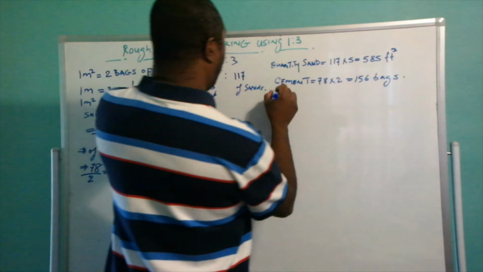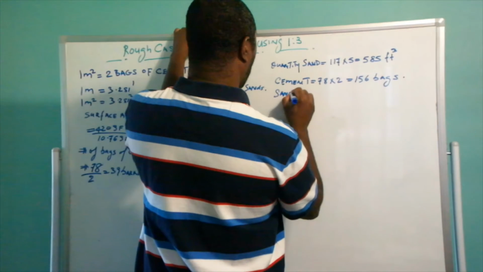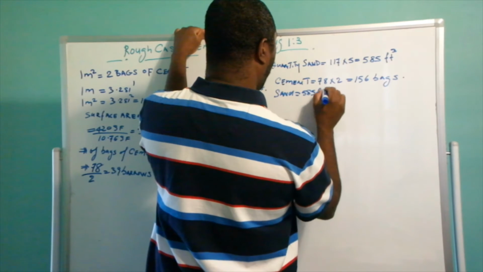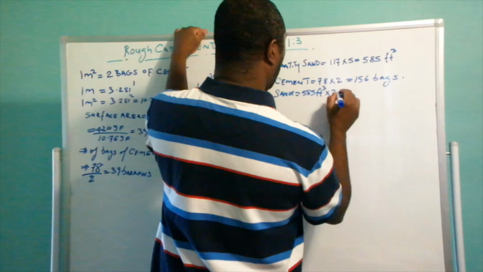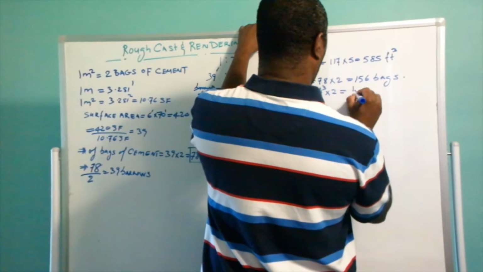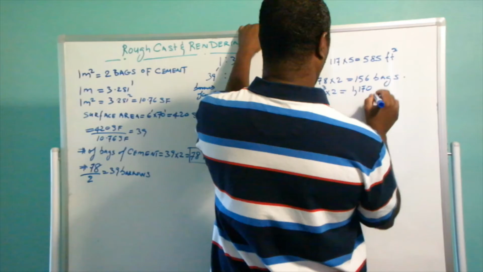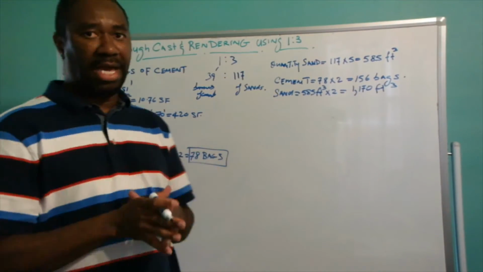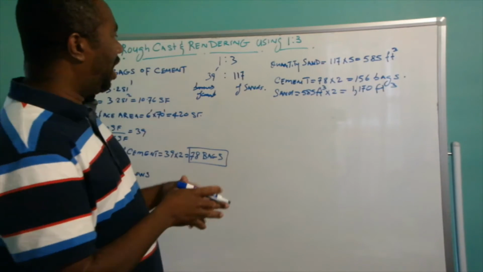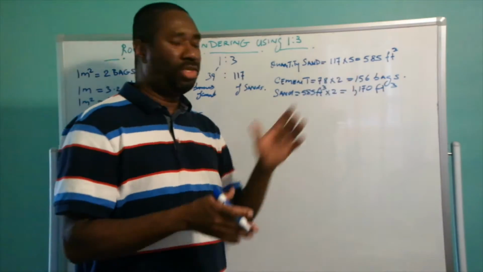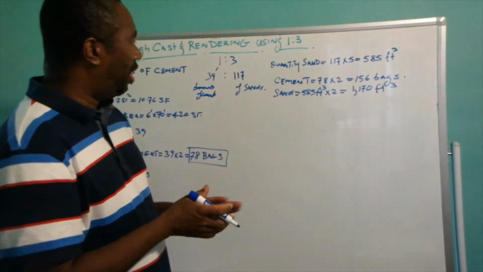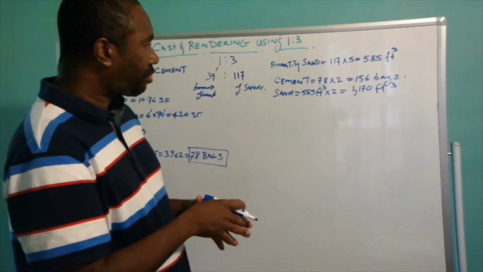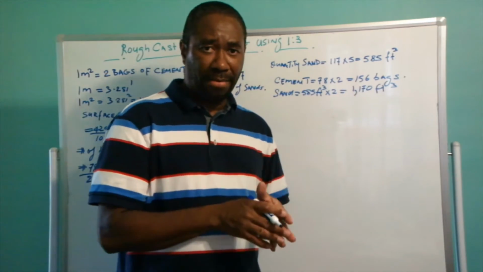And for our sand, it is going to equal 585 feet cube times 2, which works out to be 1,170 feet cube. So to do both sides of the wall, the rough cast is going to take 156 bags of cement and 1,170 feet cube of sand.